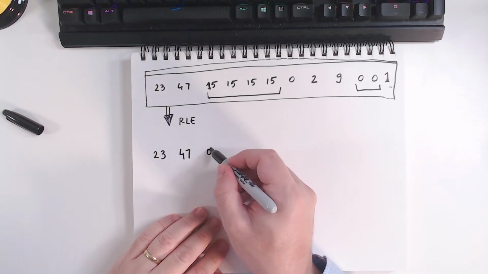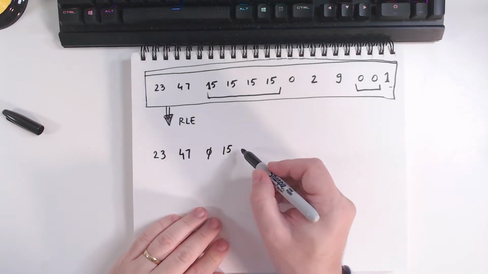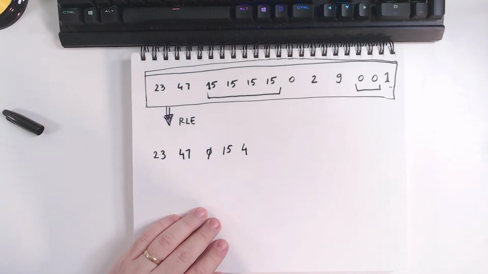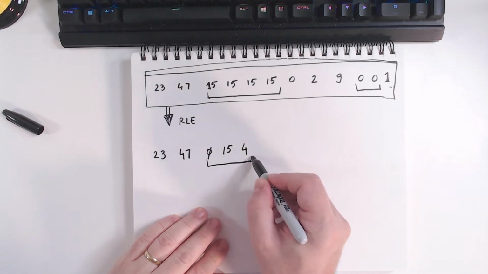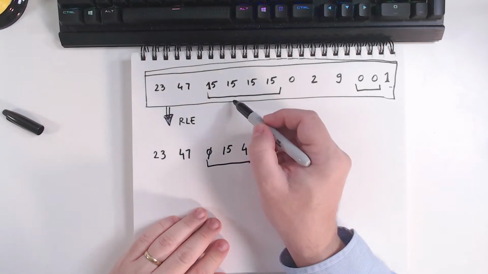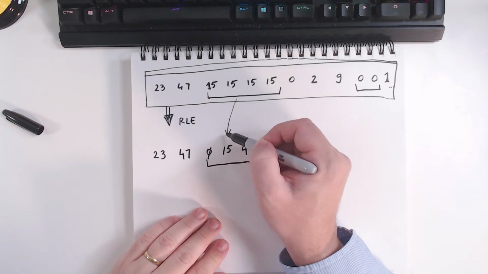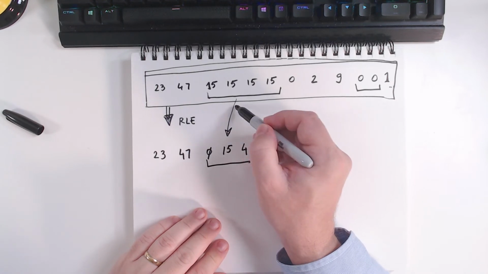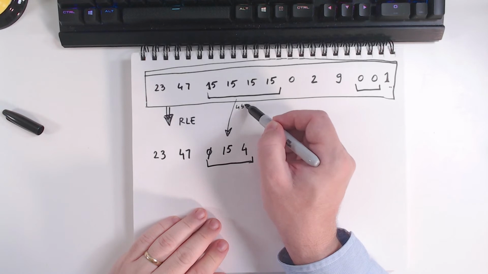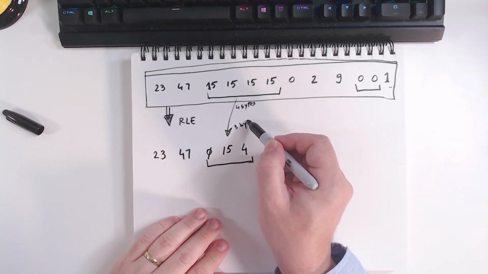A 0 was encoded, and then the actual byte 15, and then how many times it repeats. All right, so the sequence here of 4 bytes was transformed into a sequence of 3 bytes. It's not a very big saving in this particular case, so it's 4 bytes initially, and then it was converted into 3 bytes.